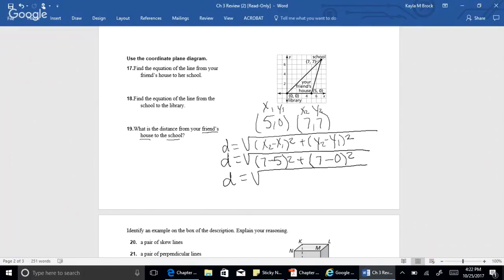Seven take away 5 is 2, 7 take away 0 is 7. Two squared is 2 times 2, which is 4. 7 squared is 7 times 7, which is 49. 49 plus 4 is 53. So your answer is distance equals the square root of 53.